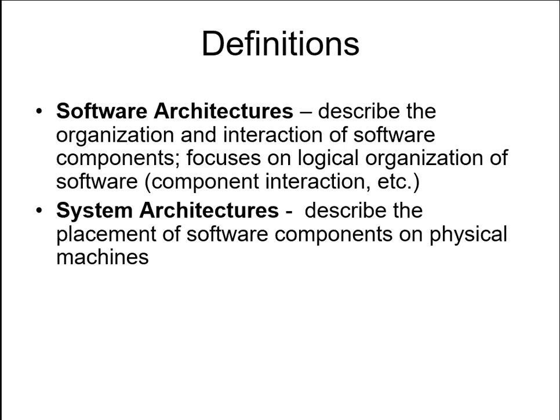While in system architecture, we describe the placement of software components on the physical machines or hardware. So let's discuss the software architecture pattern and the system architecture pattern for the distributed systems.